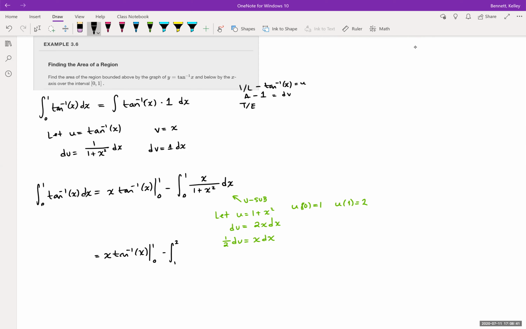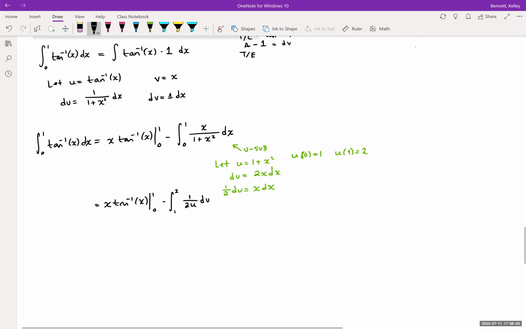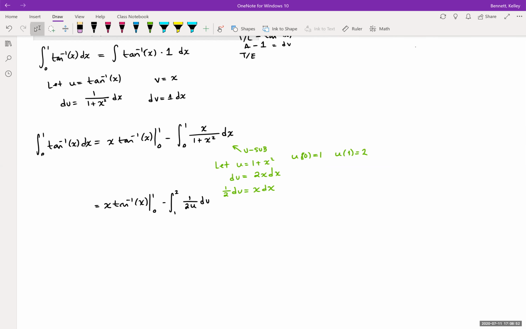And I'm going to get 1 over 2 u du. And this is a nice integral because I recognize it right away as the natural log. So I get x arctan x, again, for my original limits of integration, then minus 1/2 ln u, evaluating it from 1 to 2.